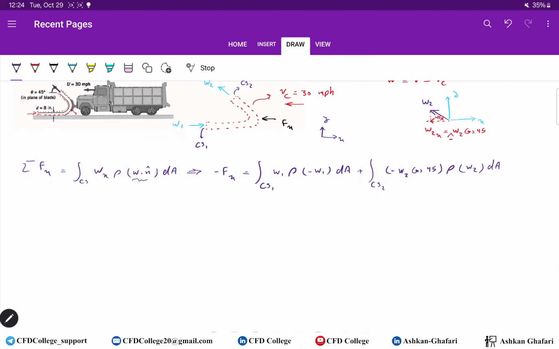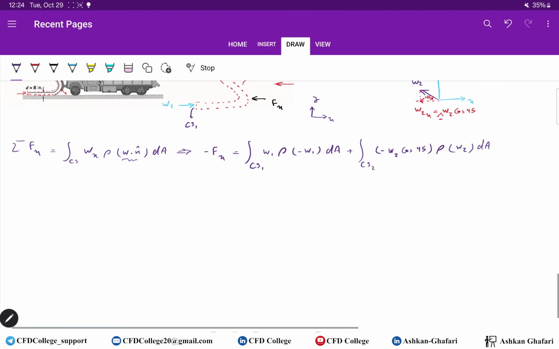Okay, so what we have, minus Fx equals minus rho A1 W1 square minus rho A2 W2 square cosine of 45 degrees.